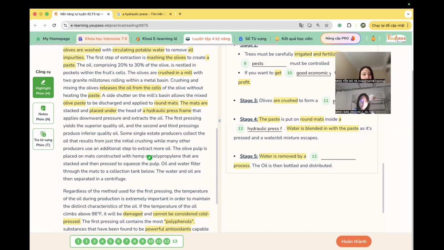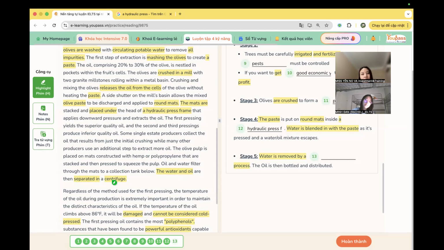You can see water right here. The water and oil are then separated in a centrifuge. Centrifuge, that's also the one in the olive production process.